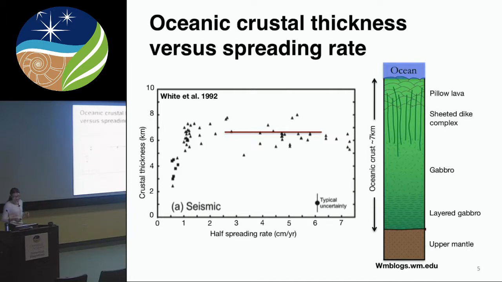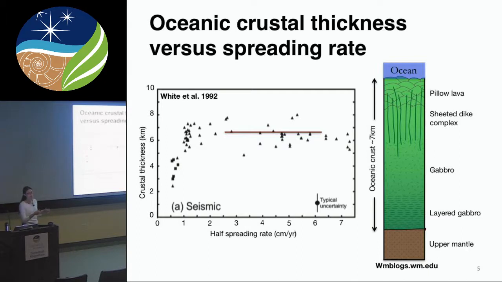So the plot here is one of crustal thickness and half spreading rate on the x-axis. So you can see that below 1 centimeter per year, there's a very sudden increase of crustal thickness. And then beyond that, it's kind of stagnant at about 6.5 kilometers.